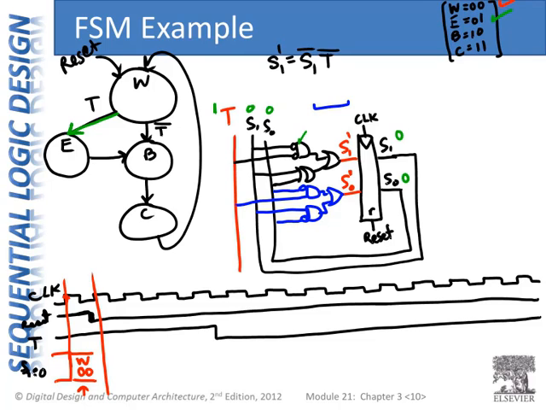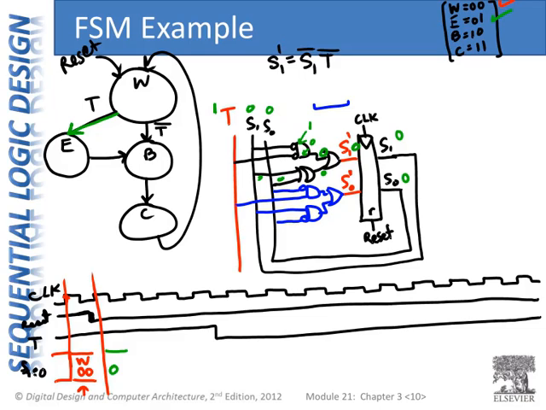So we get S1 bar, which is 1, and S0 bar, which is a 0. So we get 0 XOR 0, which is also 0. So S1 prime is going to be 0. So far so good. So at the next clock edge, we're going to get a 0 here as S1 prime.